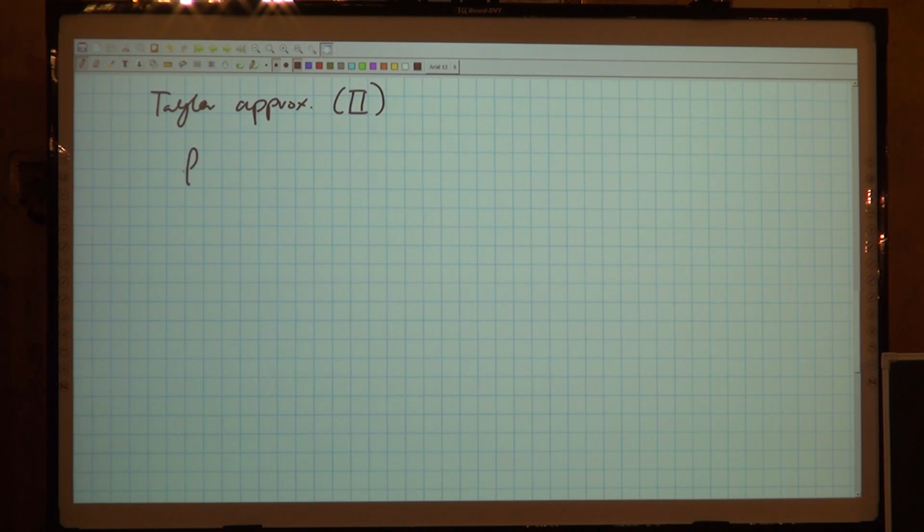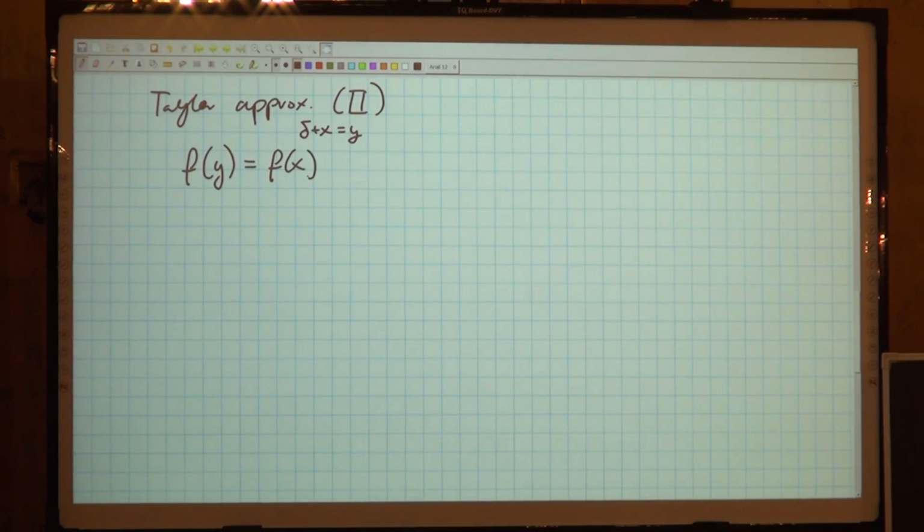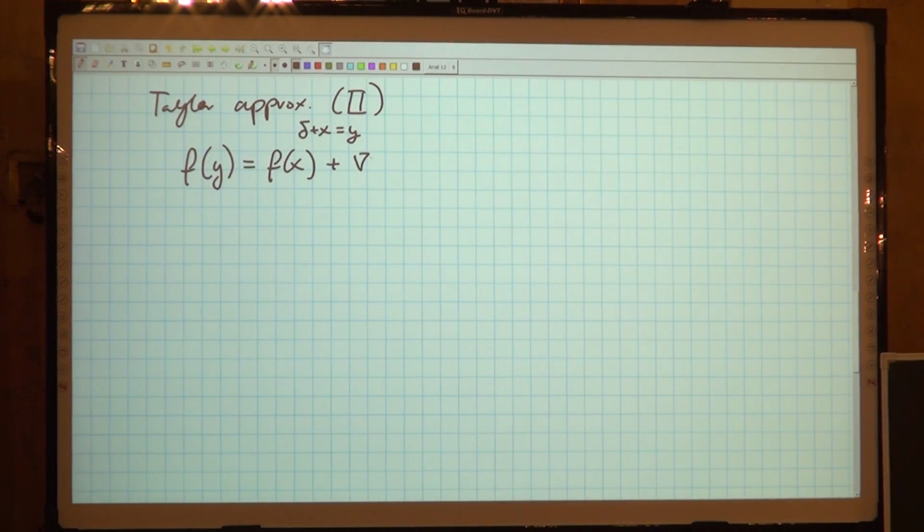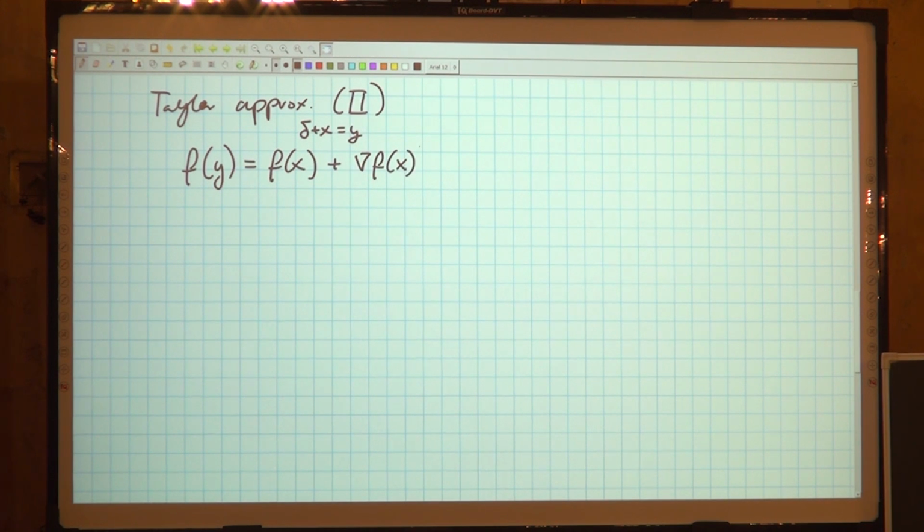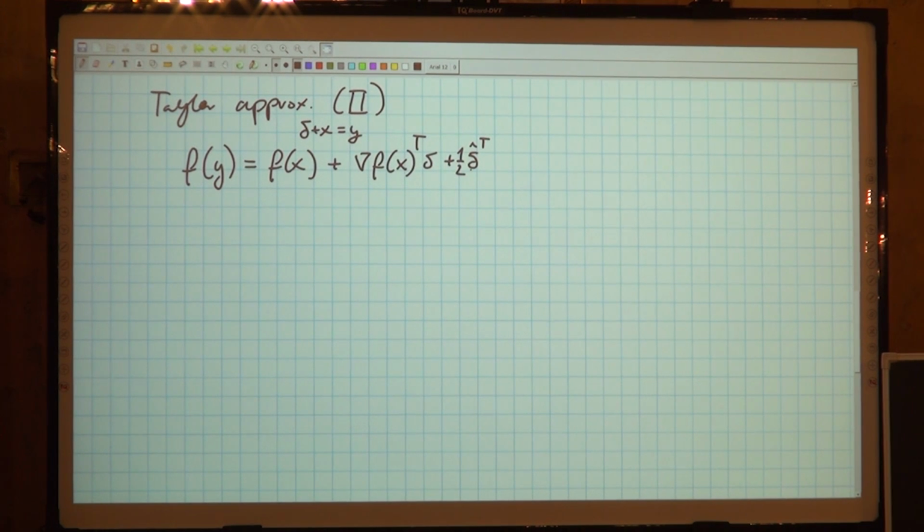What it says is that if delta plus x is equal to y, then my value at y will be f(x) plus the gradient term, plus, I will call it delta hat, f(x) delta hat for certain.